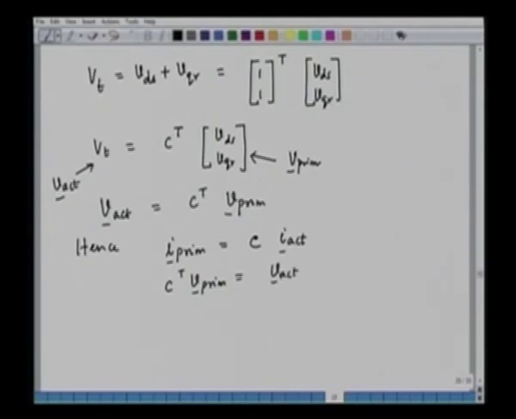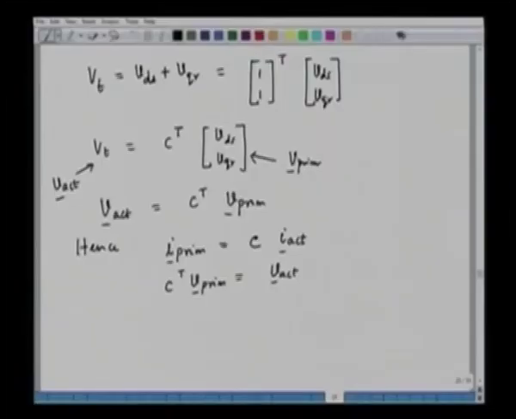So I have two equations, and the actual variables are related to the primitive variables by linear transformation, that is C. Okay. Now you know that the objective of linear transformation is to take help of the Kron primitive machine model and get back the variables in the actual variable form.